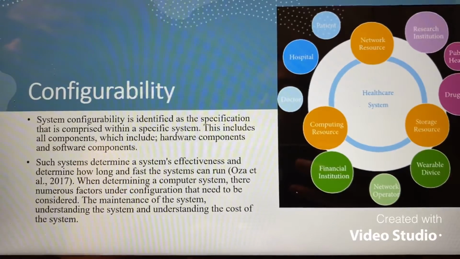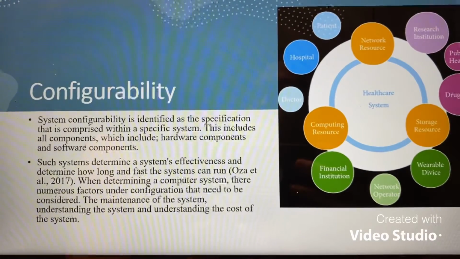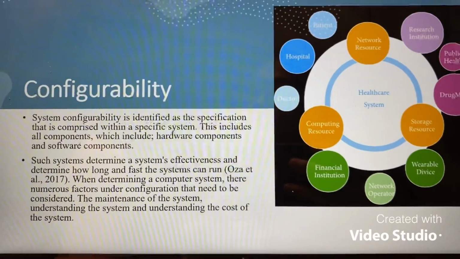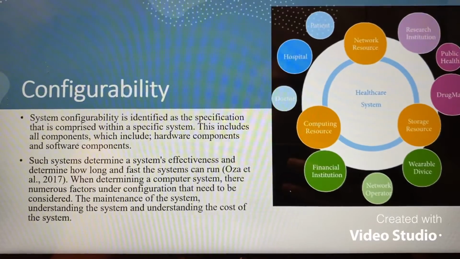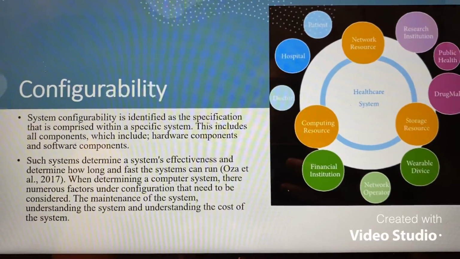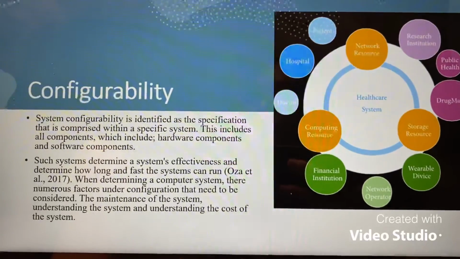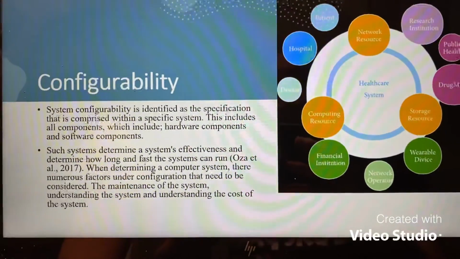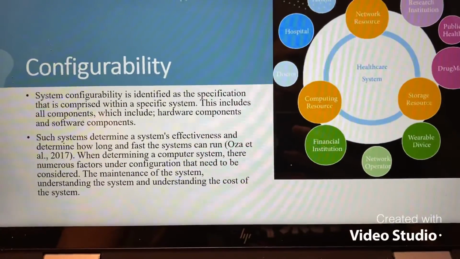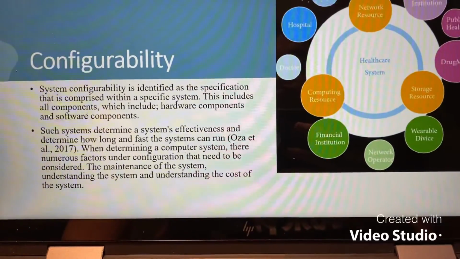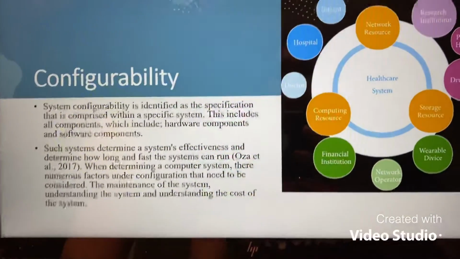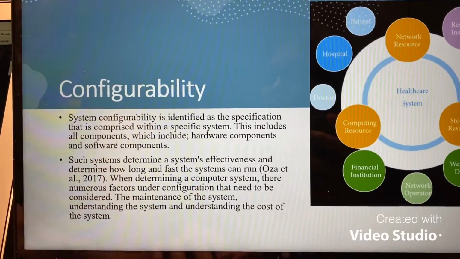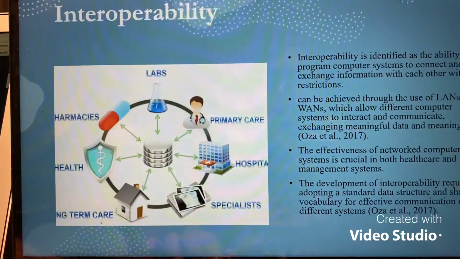When determining a computer system, there are numerous factors under configuration that need to be considered. First, maintenance of the system needs to be first on the list. Second, there is a need to understand the system's workload to come up with a proper configuration. Lastly, it is essential to understand the cost of the system and how affordable it is to the organization adopting it.